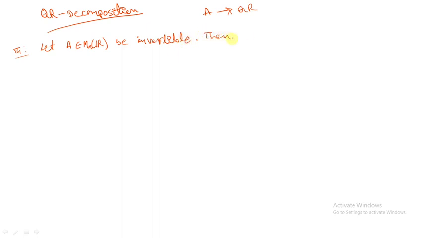Then there exist matrices Q and R such that A equals QR.